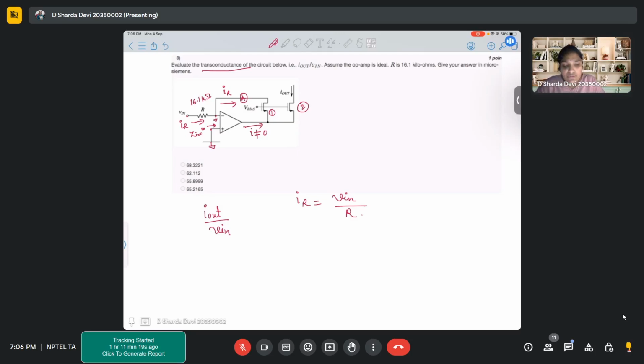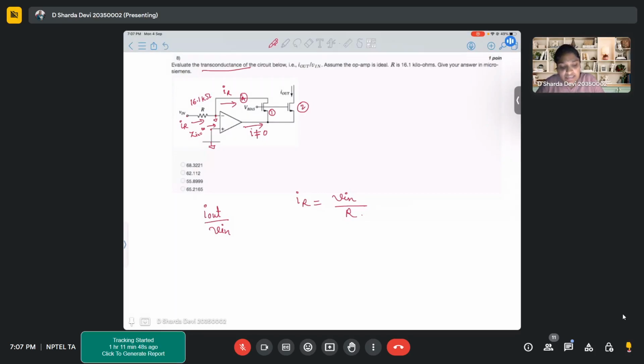Now, there is no information about the transistors, like whether they are mismatched or matched. So, if there is no information given, we'll consider an ideal case and consider that both the transistors are matched. These transistors have the same W by L ratio.